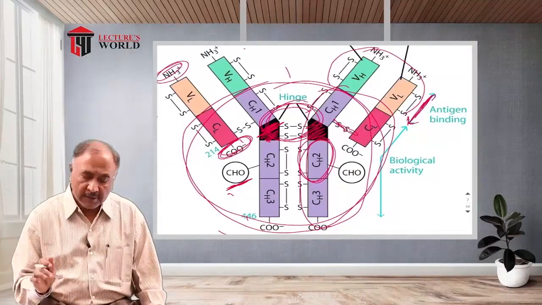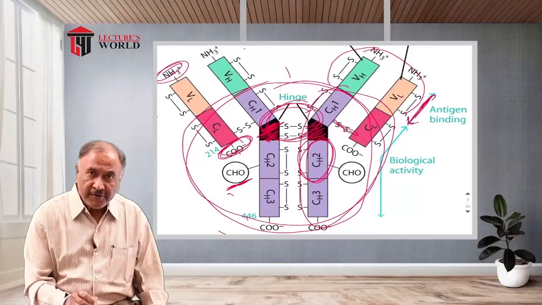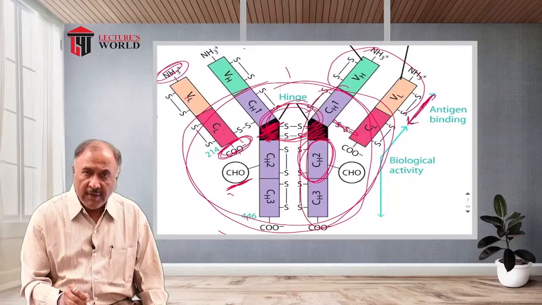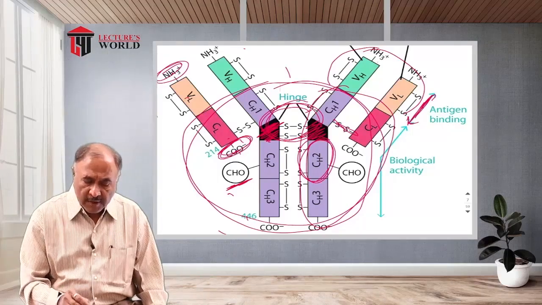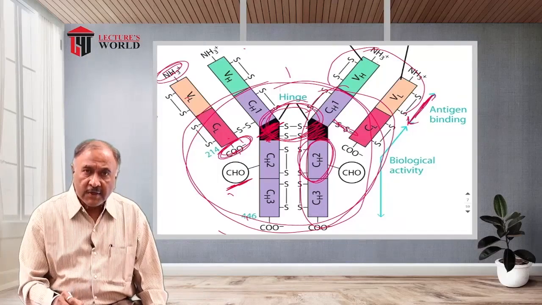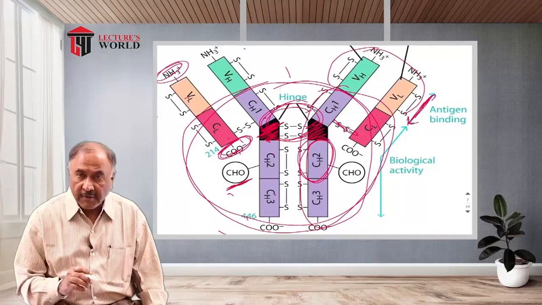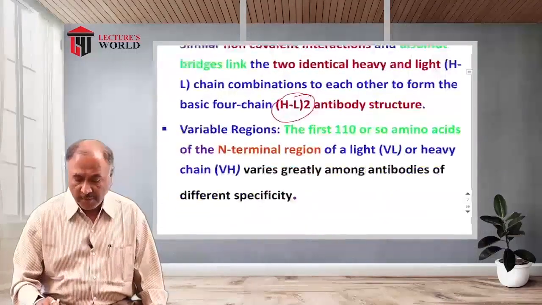It shows everything: N terminal, C terminal, light chain, heavy chain, light variable, heavy variable, constant regions, constant light, then constant heavy 1, constant heavy 2, constant heavy 3. So remember this diagram properly.